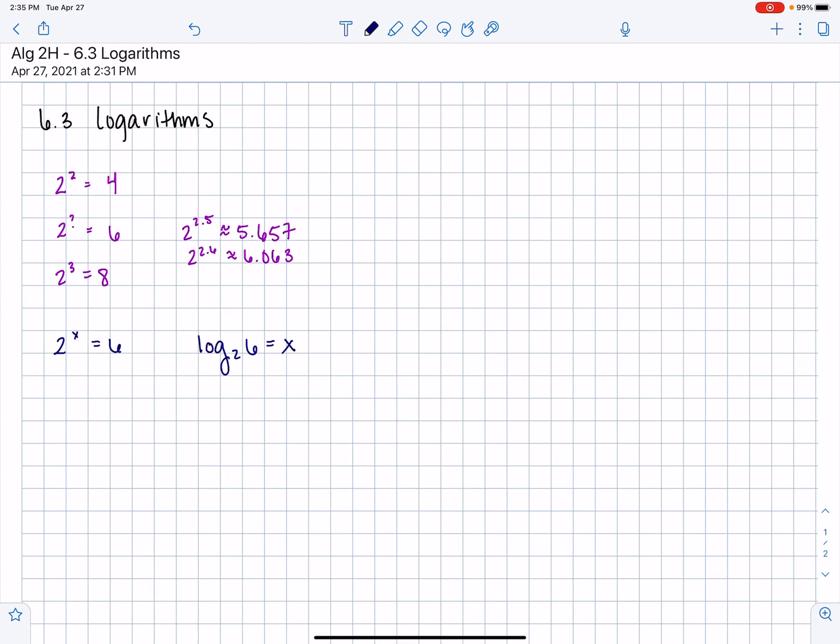And if you put that in your calculator, we're going to get to that in a different section, but if you went ahead and did it, we would get that x is equal to about 2.585, and 2 to the power of about 2.585 gets us 6. I, of course, rounded on that one.